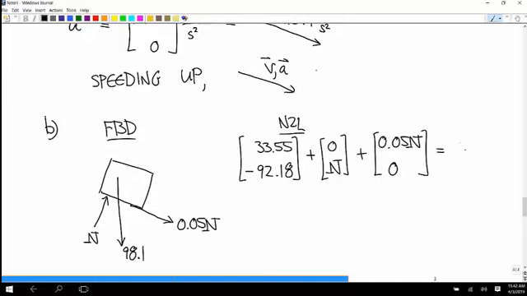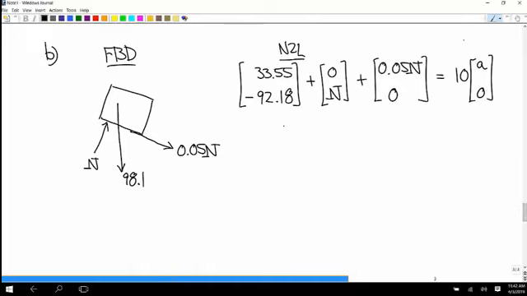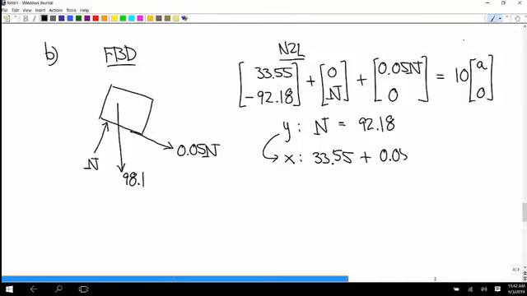And that's equal to the mass times the acceleration. So the y equation says the normal is the same as before, 92.18. Plug that into the x equation and you get 33.55 plus the same friction force we had before, but in the other direction, is equal to 10a.